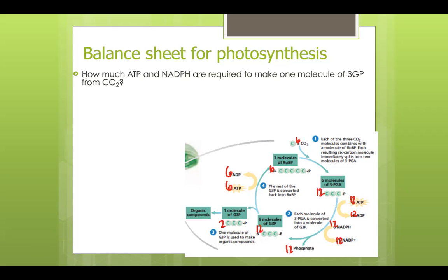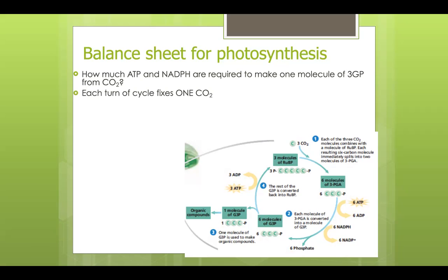But if we're just making 1 G3P molecule and not really worrying about the glucose so much, how much ATP and NADPH are required to make 1 molecule of G3P? I think it's G3P, I've just typed it wrong.